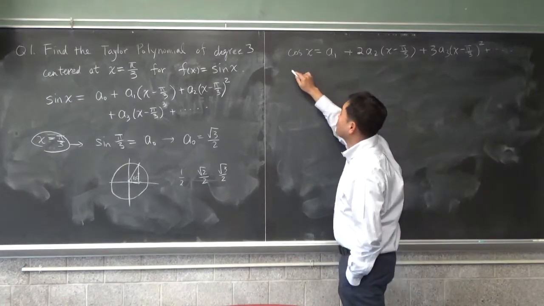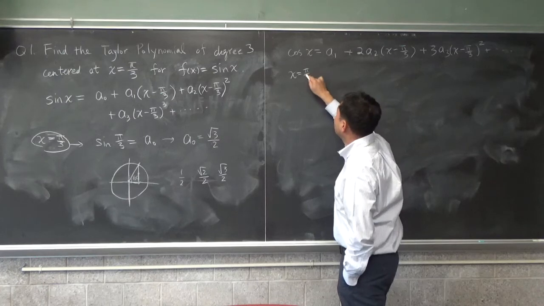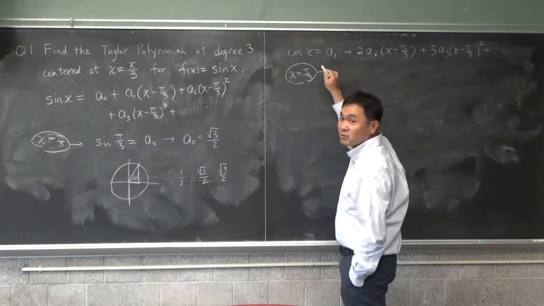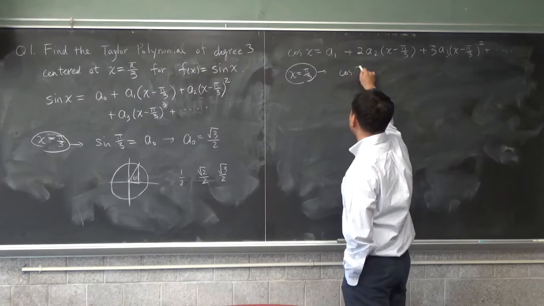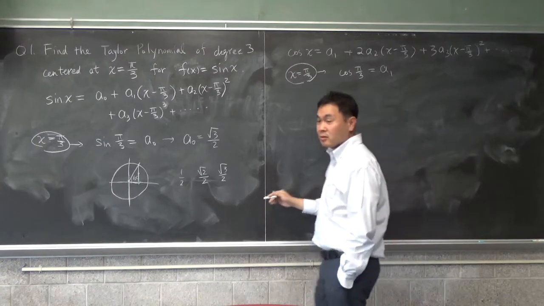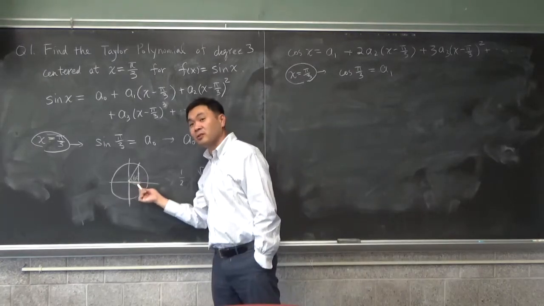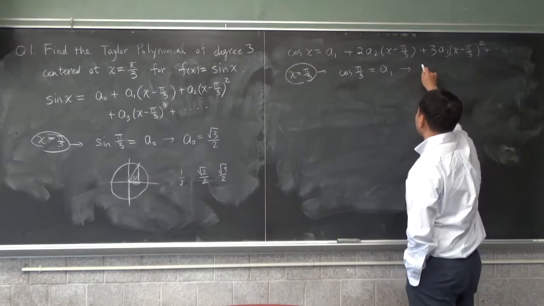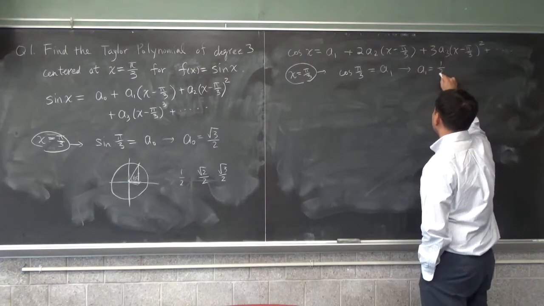You plug in pi over 3 again. That tells you cosine pi over 3 is, what's cosine pi over 3? That's 1/2, it's a small size. So you get a1 equals positive 1/2.